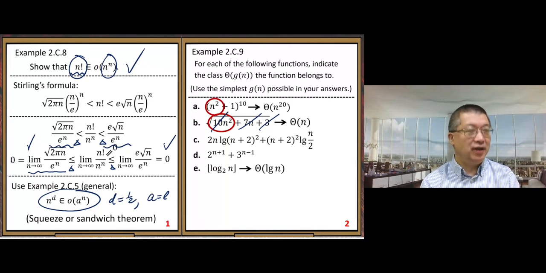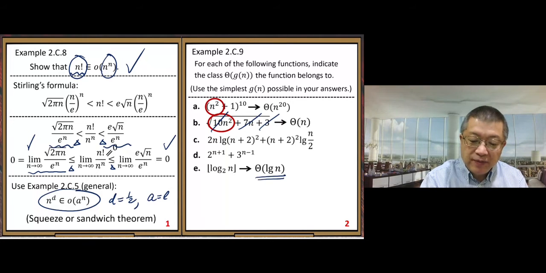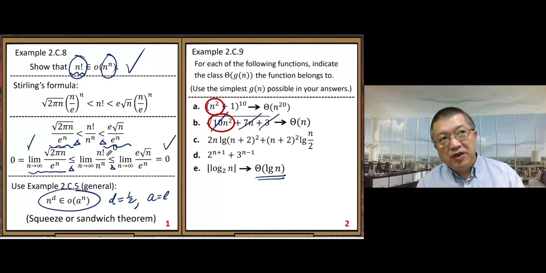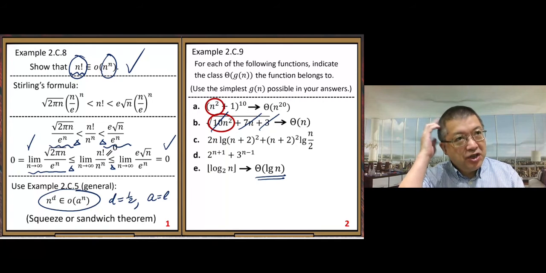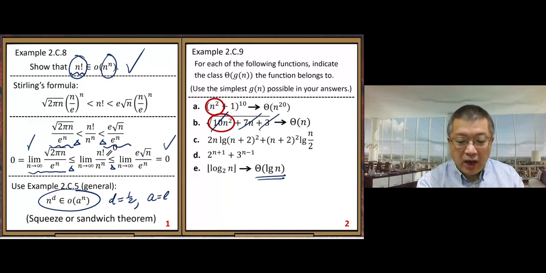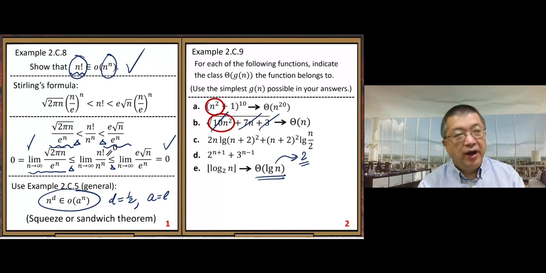Log function, right? So we can use g function log. This lg, this log lg in our textbook, our lg means base 2. In typical math books, that lg probably uses base 10.